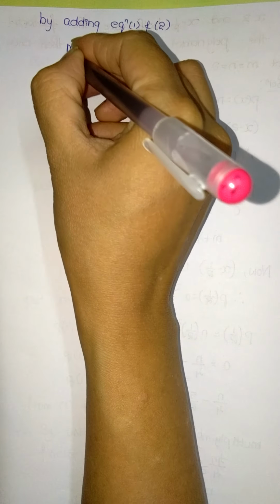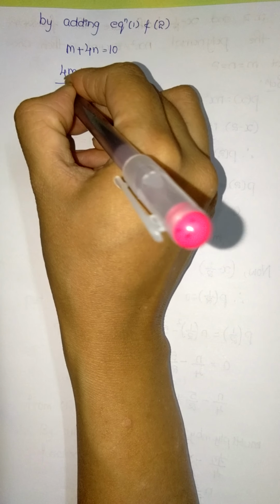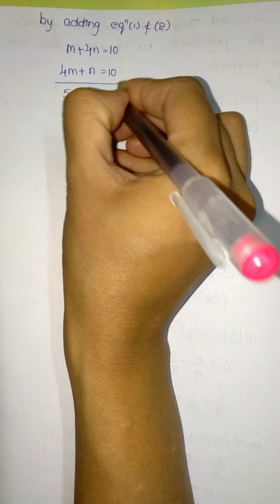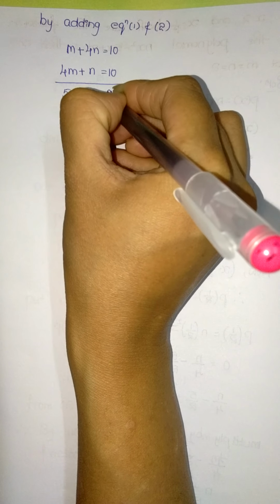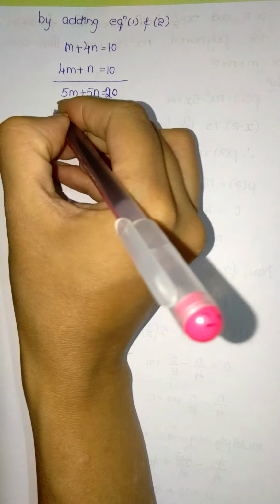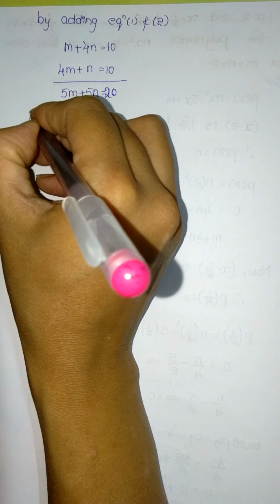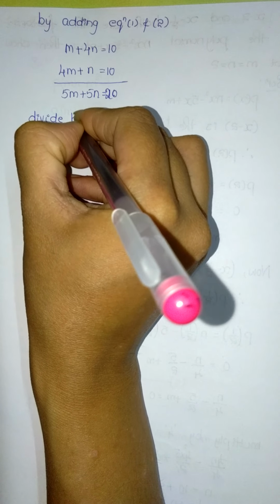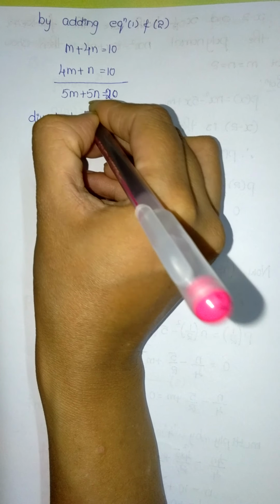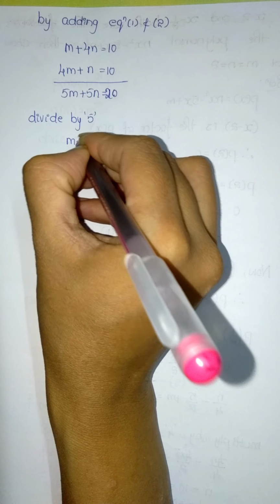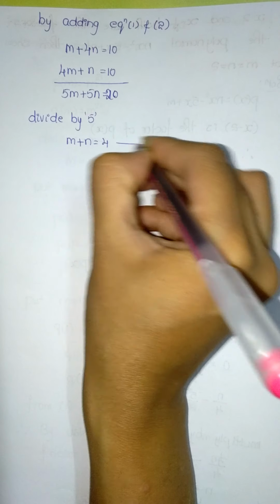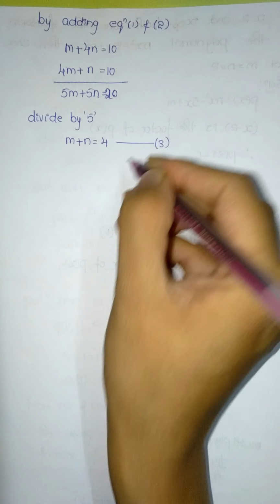So it becomes 5m plus 5n equal to 20. Divide by 5, so we get m plus n equal to 4. So this is equation 3.